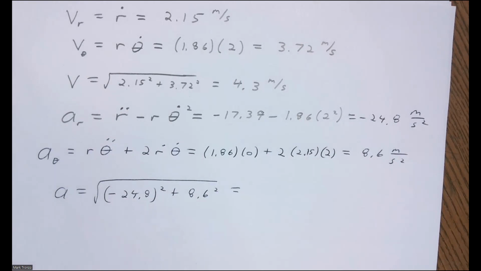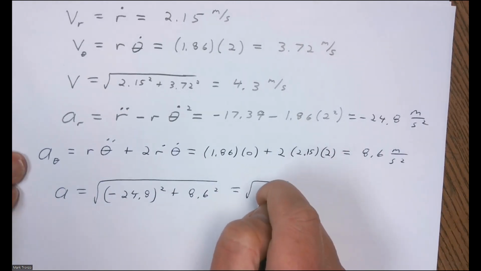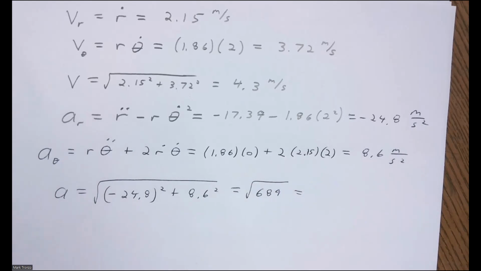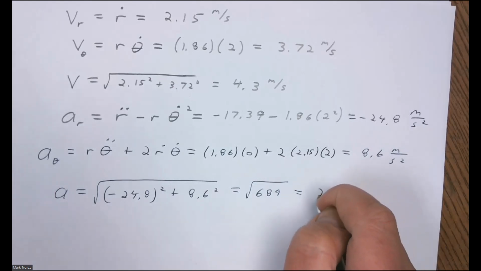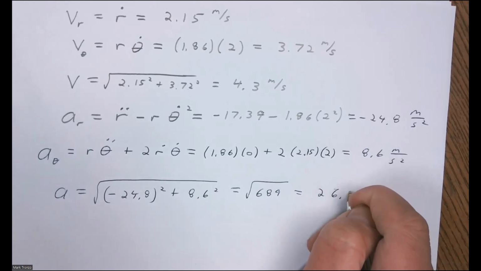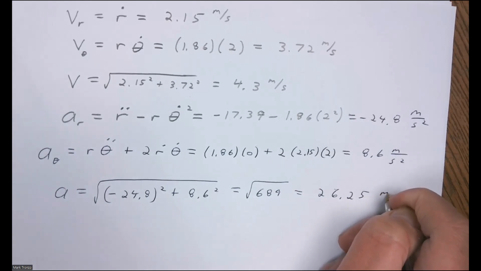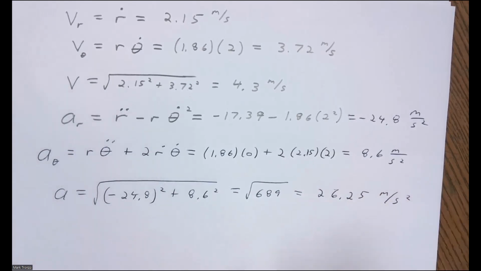And looks like around 689. Now we have to take the square root of that. And this is around 26.25 meters per second squared, like that.